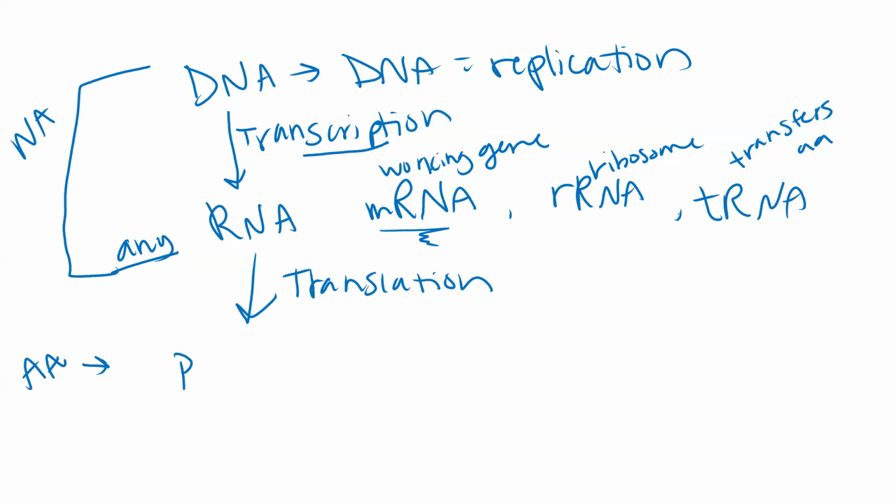And that's going to make proteins. So that's the idea of how that's going to work. And when we're going from DNA to RNA, that process is going to occur in 3 steps. These are the same 3 steps for transcription and for translation, but there are greatly different things going on in each of them.